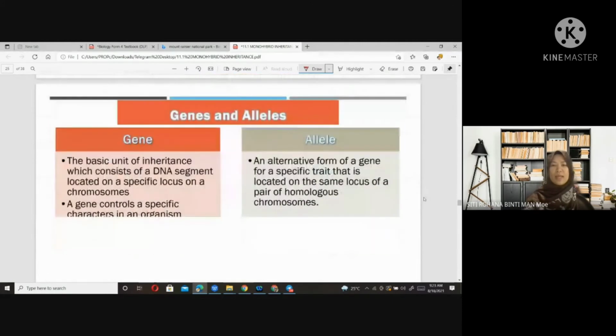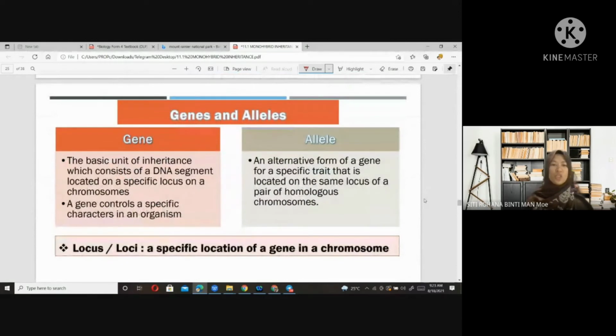Next, genes and alleles. Okay, gene is the basic unit of inheritance. Basic unit that consists of DNA segment. Saya rasa awak tahu gene located on a specific locus on a chromosome. Chromosome. You have learned in Form 4. Gene. Locus is the position. Specific locus.